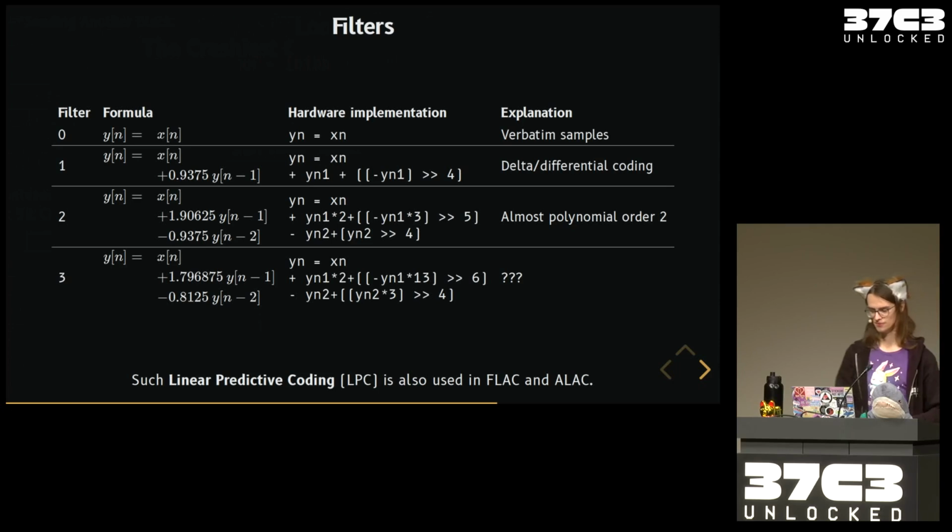The filter 2 does something similar, except it uses +2 of the previous sample and -1 of the sample before that, which, if it was actually +2 and -1, would be exactly a polynomial order 2 predictor.